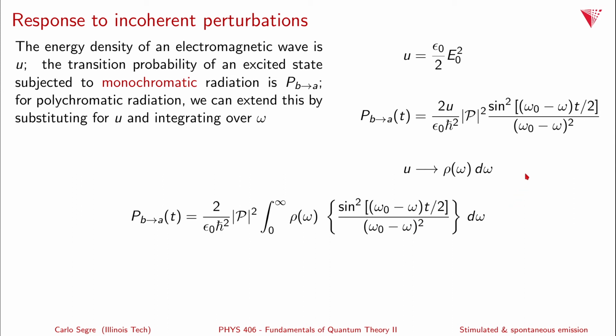So basically we took the U and replaced it with rho of omega d omega and then integrated over all omega.